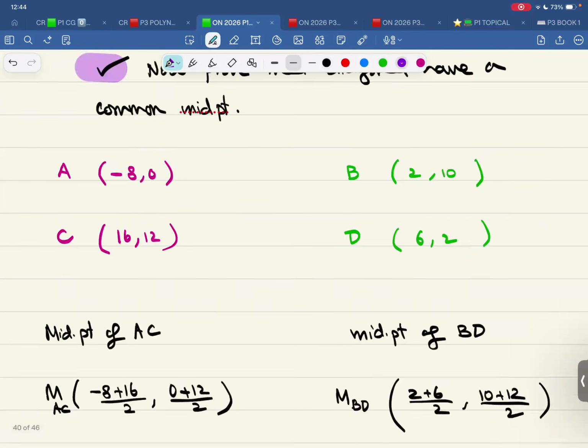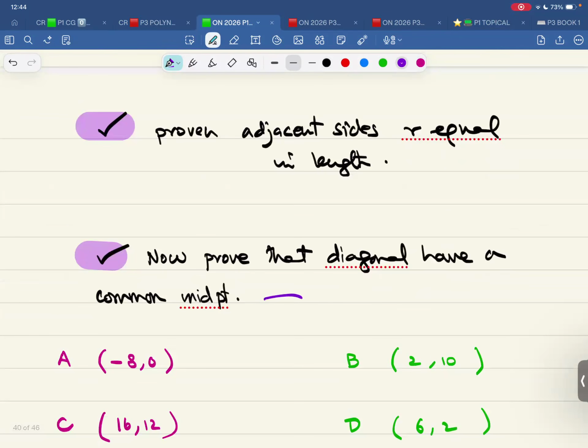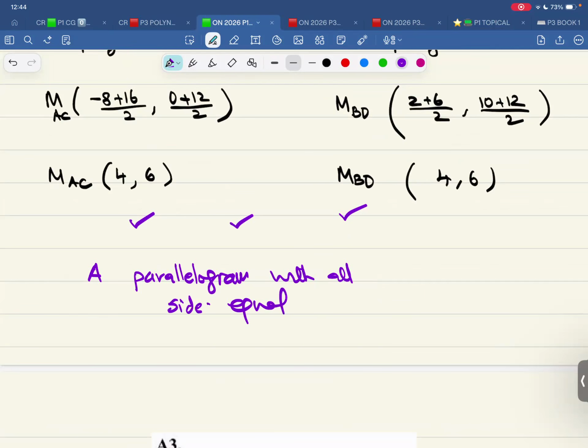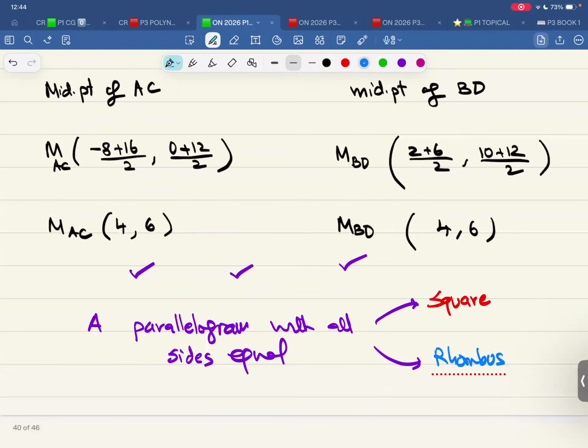So I have also proven that it's a parallelogram and all sides are equal. So a parallelogram with all sides equal could either be a square or a rhombus, and we can see it for sure.